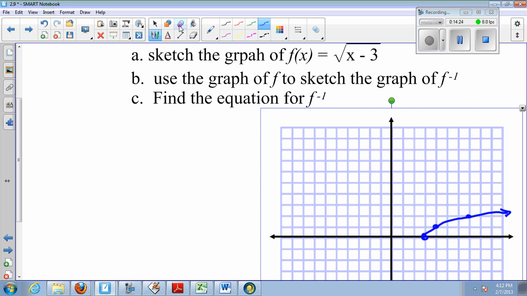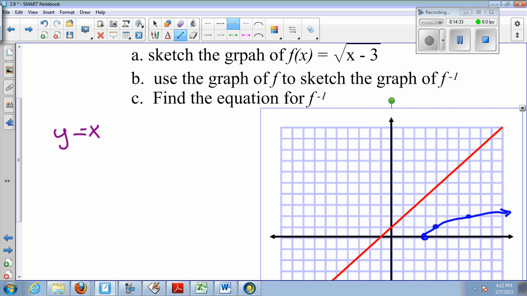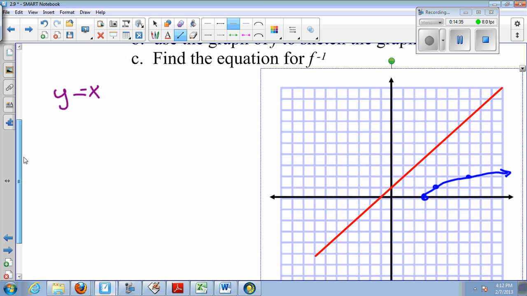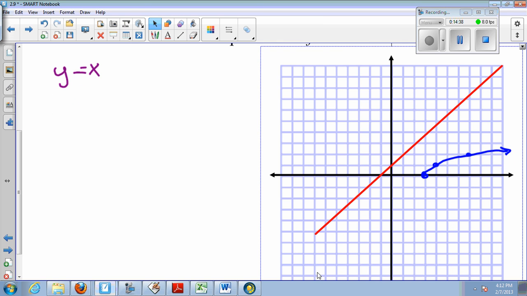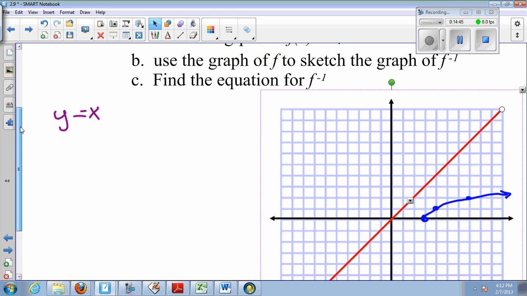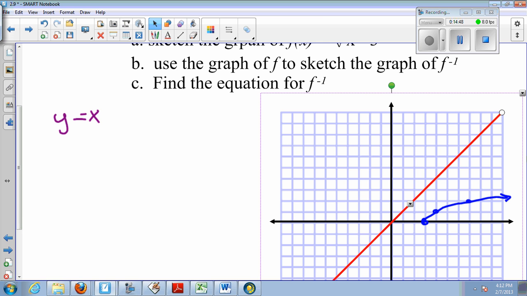Okay, we now need the line y equals x. So we now have the line y equals x. We see that y equals x goes through the origin. Now, we're 3 to the right, so when we reflect it, it's going to be 3 up.